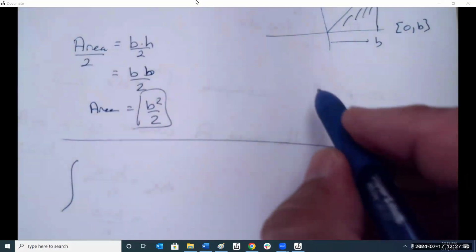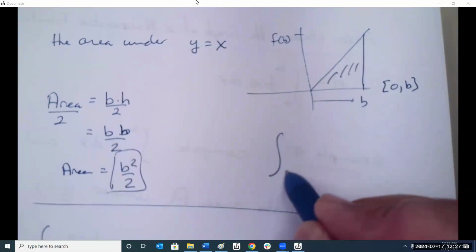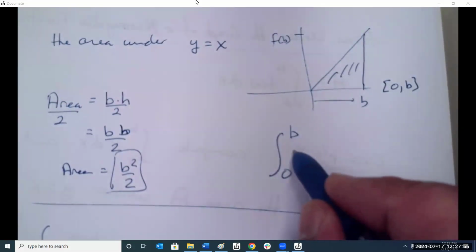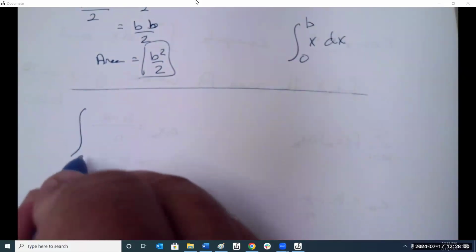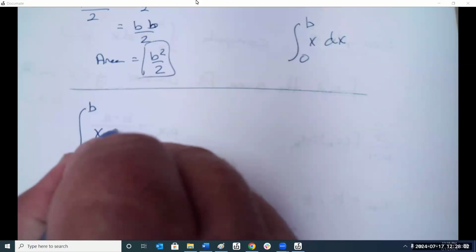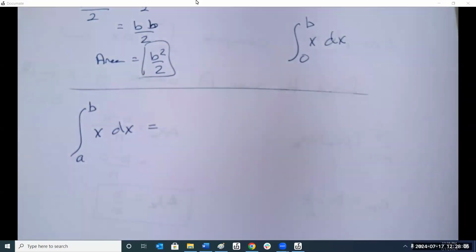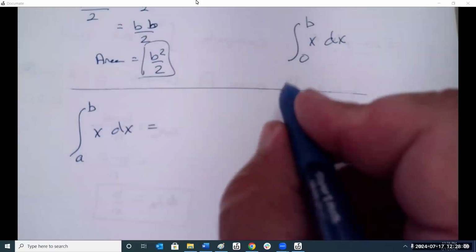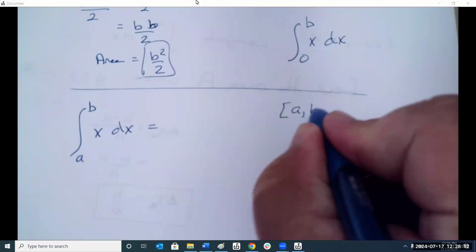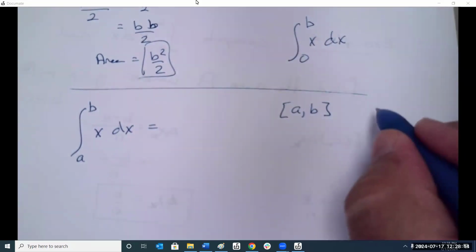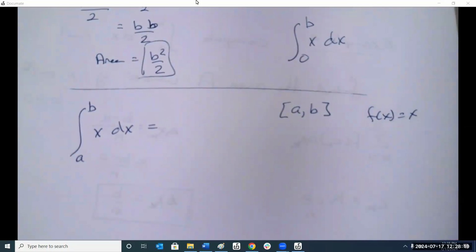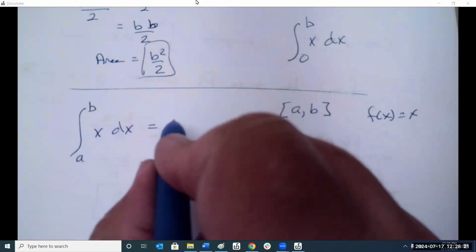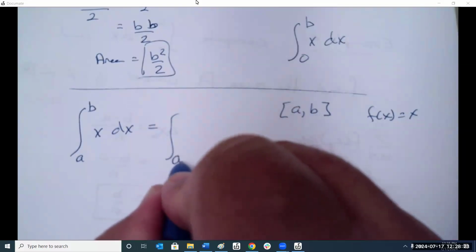What that showed us, remember, is that the example was from 0 to B. Let's look at what happens if we go from A to B. On the same interval now, we're going to go from A to B. Our function is x. We can split this up into two areas.